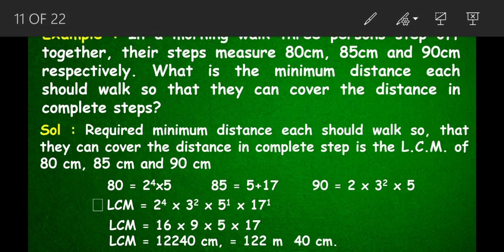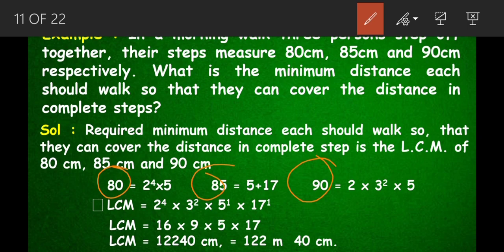So here, what are the given numbers? The distance of each step: 80 centimeter, 85 centimeter, 90 centimeter. For finding LCM, what we have to do? We have to do prime factorization. We have to write the given numbers as a product of prime numbers.